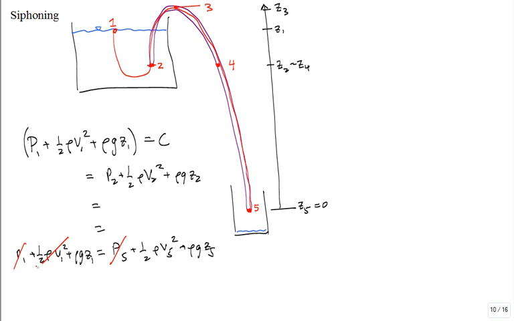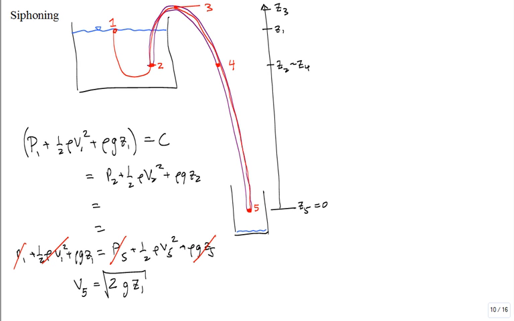V1, 1/2 rho V1 squared, because the tank is large and I don't have a very fast drop in the level of that tank, so it's approximately 0. Z5, because we set the reference to 0. And so this equation shows us that the speed at which it comes out of the hose is related to the square root of 2 g z1.